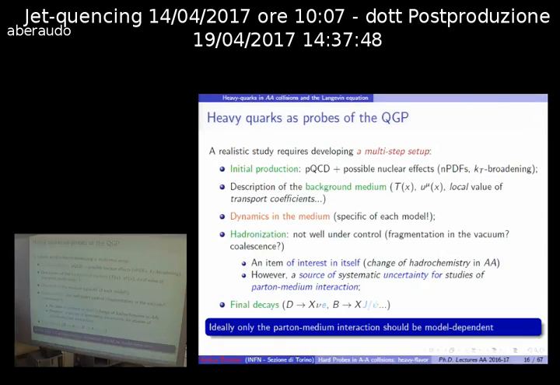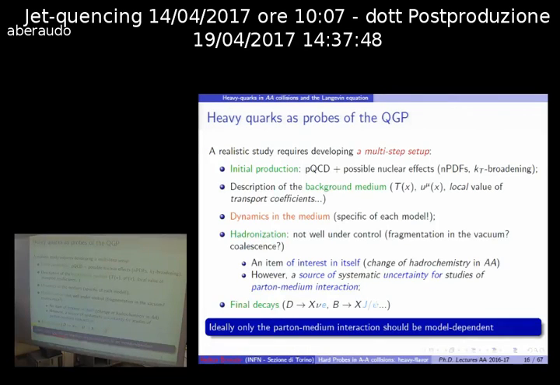But at the same time, if your main focus is to understand the interaction of the heavy quarks with the medium, and so to extract information on the medium in the deconfined phase, this can also be considered a source of systematic uncertainties, since we will see at the end that depending on how you model hadronization, you can get a really different result for the final observables.